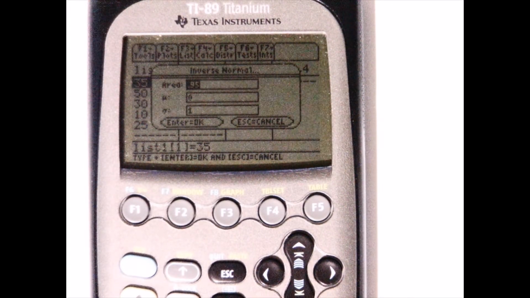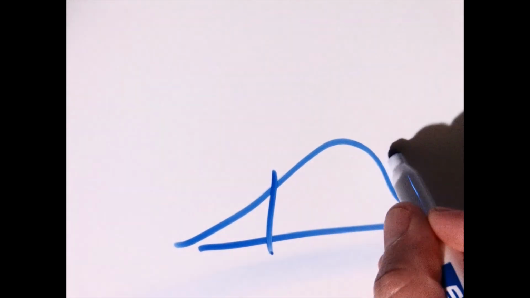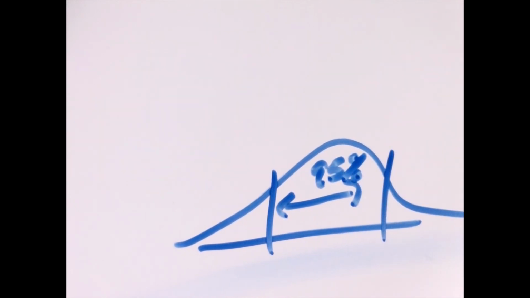Remember, the point of an inverse normal is for when you're doing a confidence interval. Let's say I want to use a confidence interval of 95%, and I'm only doing 95% because we all know what the answer should be, and this way we make sure we've done it right.